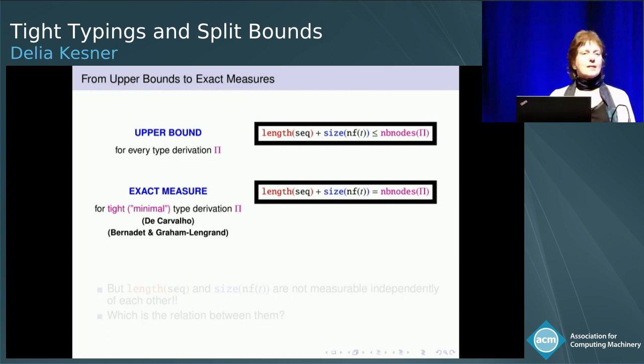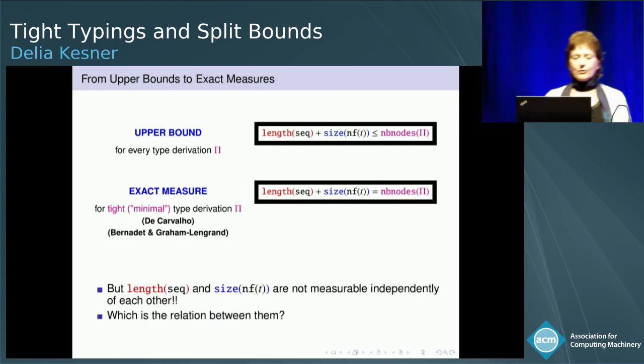A tight one is, in some sense, a minimal one. So if you have minimal derivations, then the size of this typing derivation gives you exactly the sum of the length of the reduction sequence of the term to normal form and the size of the normal form of the term. So the typing system is guessing some information about evaluation.